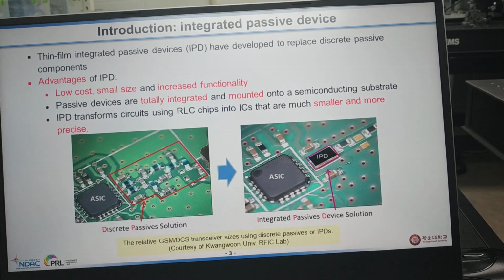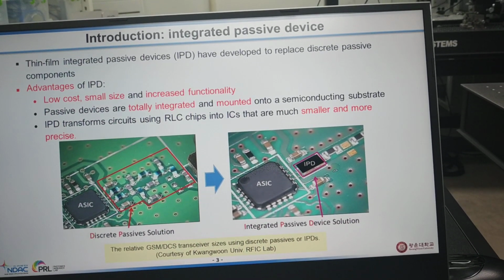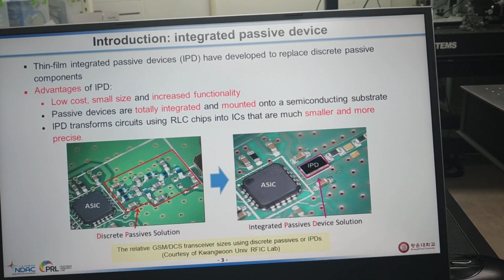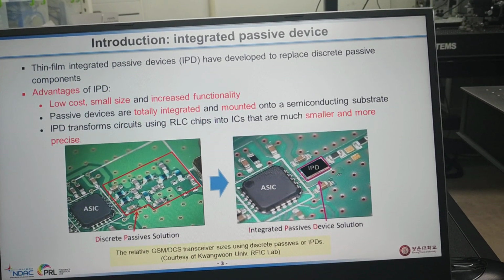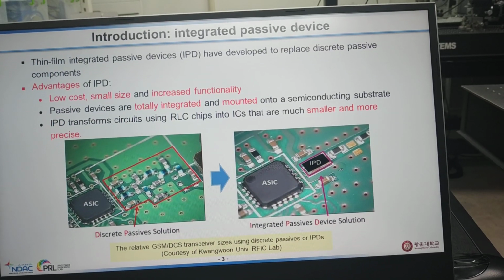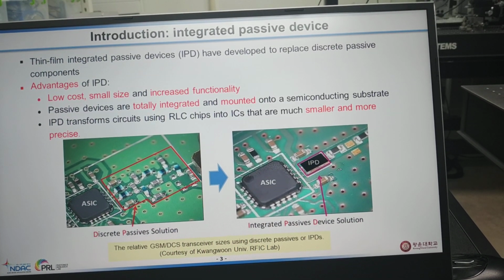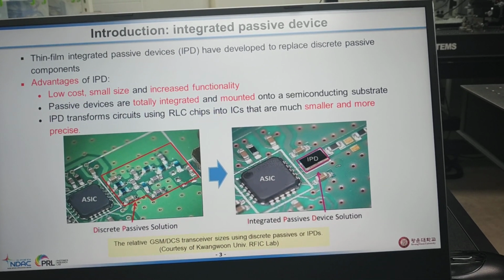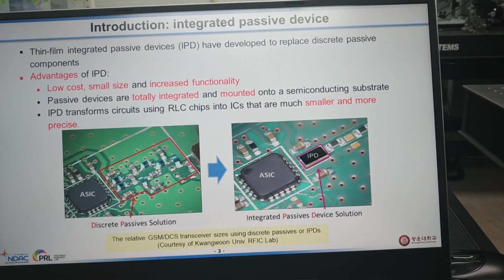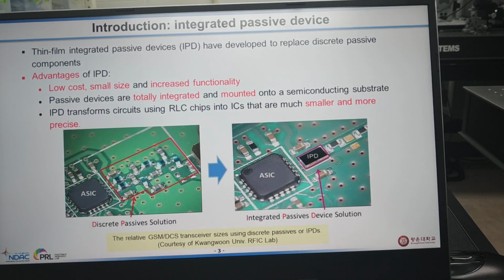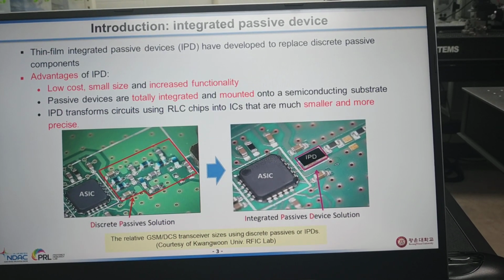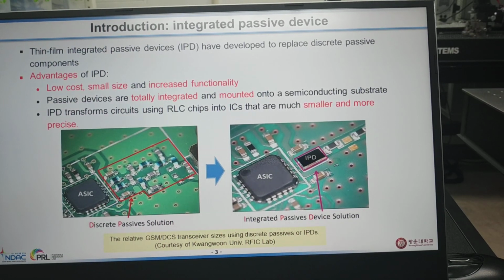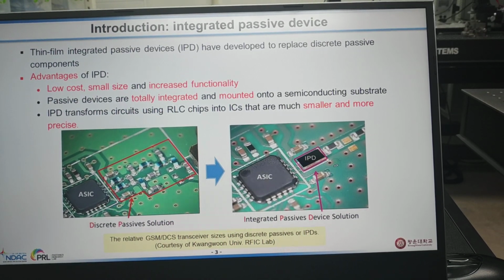Okay, the first part is the integrated passive device. The thin film integrated passive device has been developed to replace the discrete passive components. Of course, there are many advantages of the IPD. For example, low cost, small size, and increased performance.